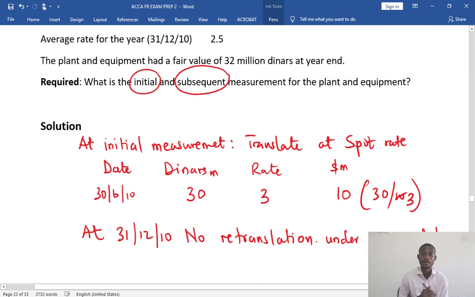So the asset value will still be 10 at the reporting date. Then the relevant depreciation will be calculated.